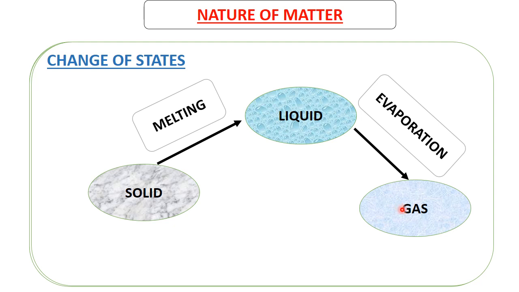Another process that can occur is a gas changing to a liquid. How can this happen? Let me give an example. Let's say you are heating water in a pot. When it has started to boil, you press your arm somewhere where the steam is passing. That steam is actually a gas. When you heat water, the steam that comes out is water in the gaseous state.